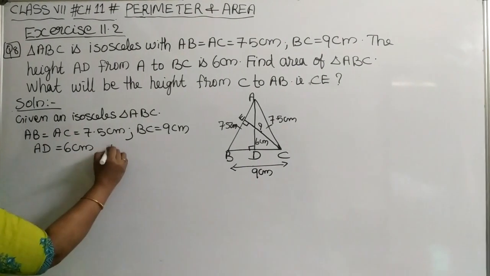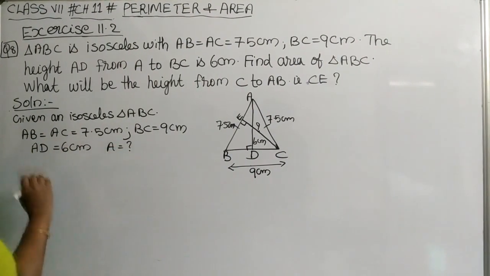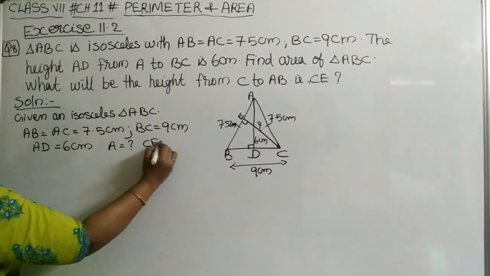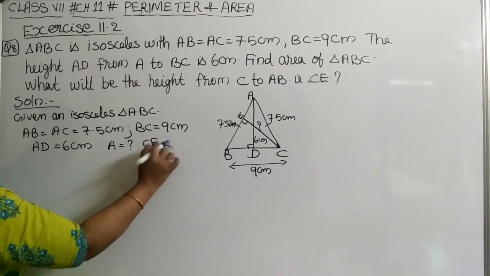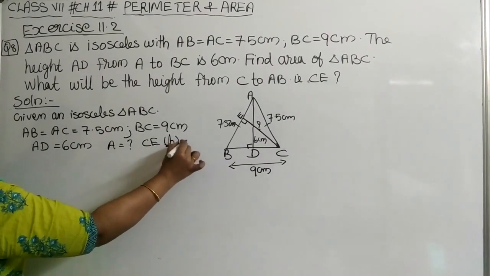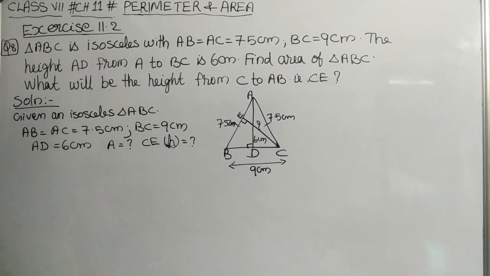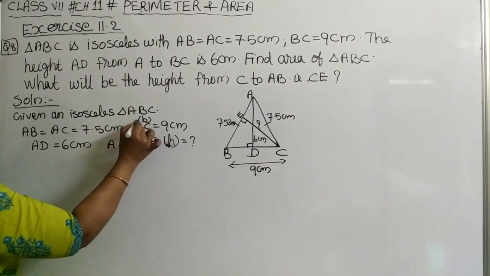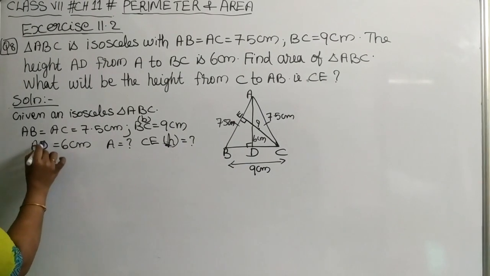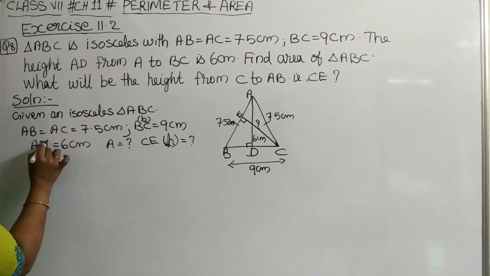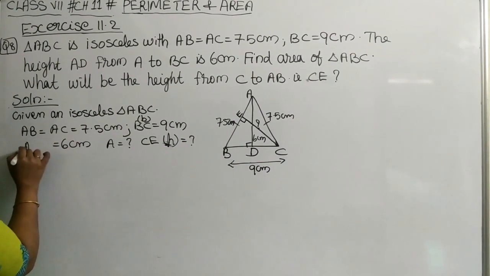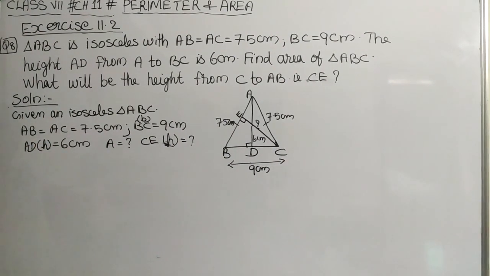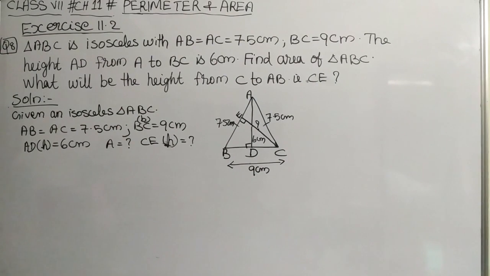We have to find area equal to question mark. Also find the length of CE, that is the perpendicular height. This also we have to find out. This BC is the base and AD is the perpendicular height.